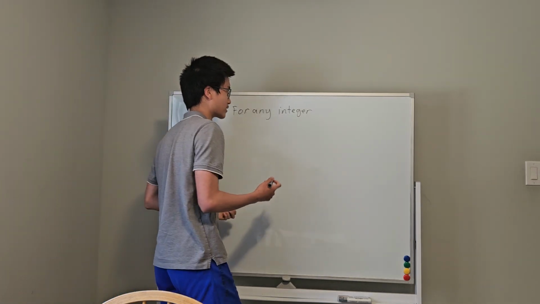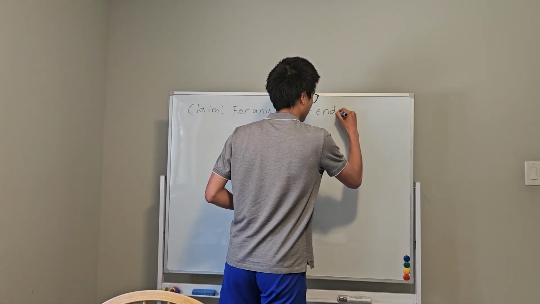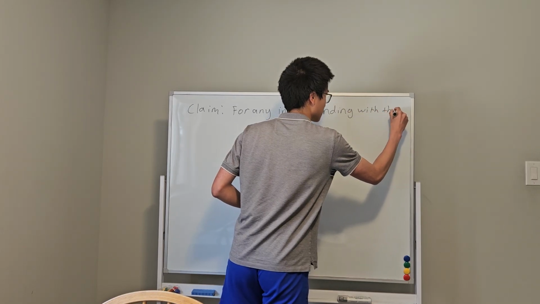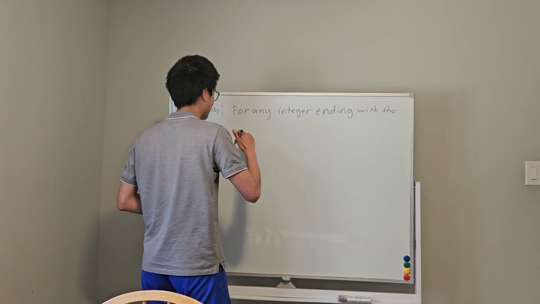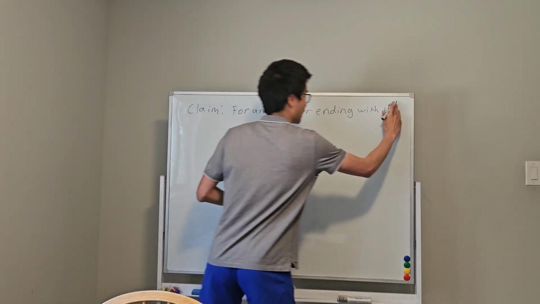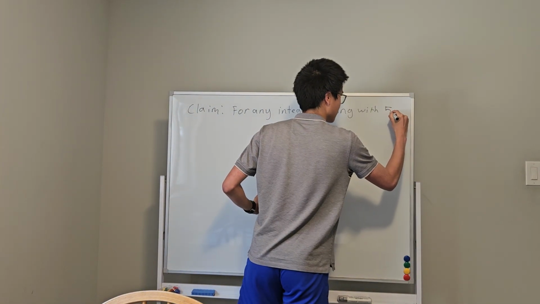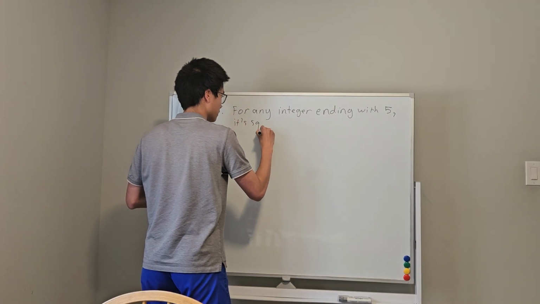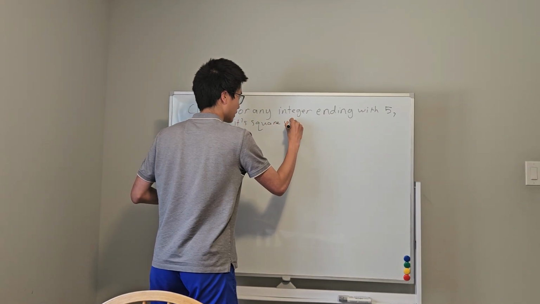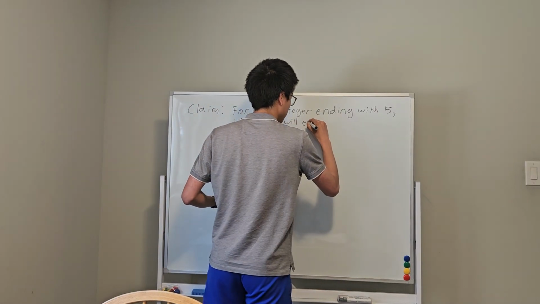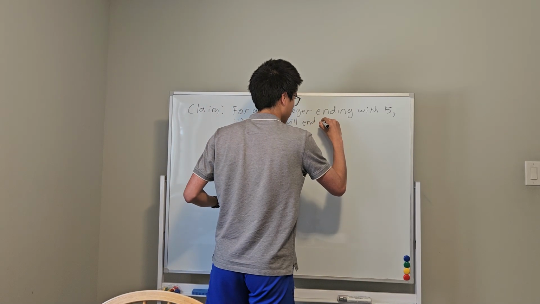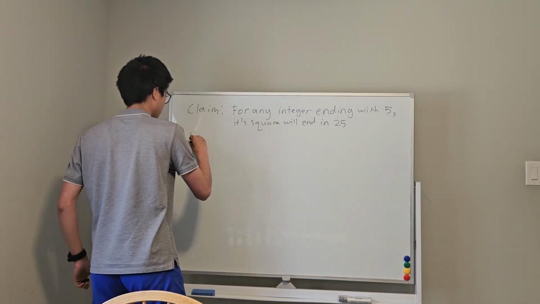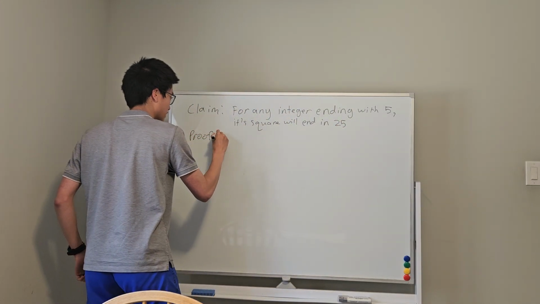So for any integer ending with 5, its square will end in 25. And now we will be trying to prove our claim.